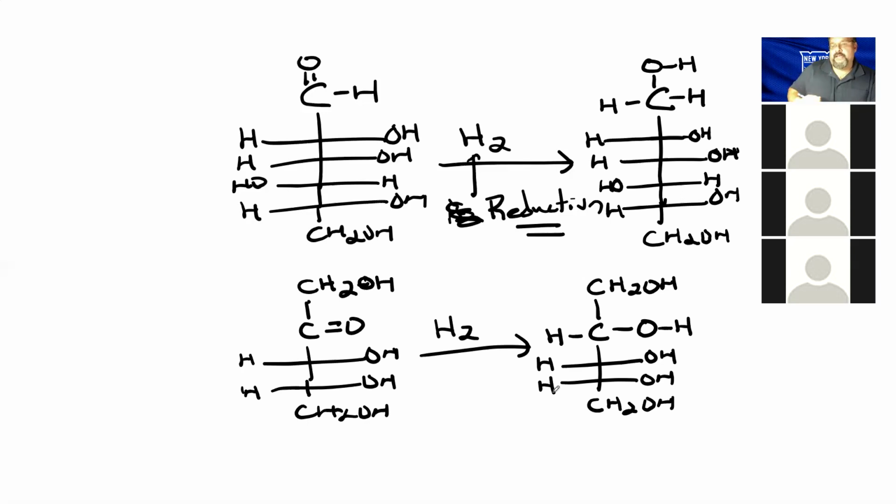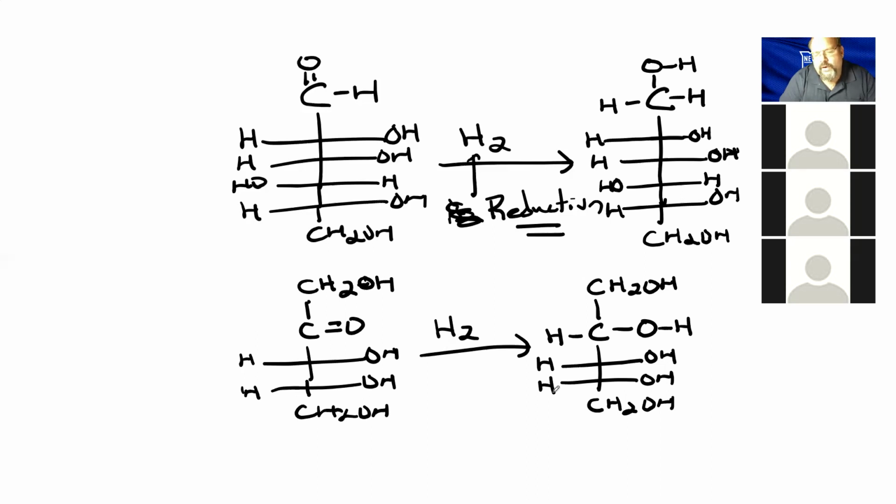That's why looking for the free OH on the anomeric carbon in the Haworth structure is so useful, because there's no C double bond O group present. Every single monosaccharide, whether it's an aldose or a ketose, in the Haworth structure would have a free OH group on an anomeric carbon, so they would be able to undergo oxidation.